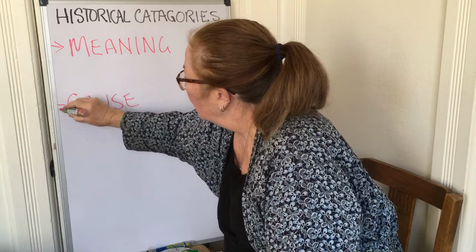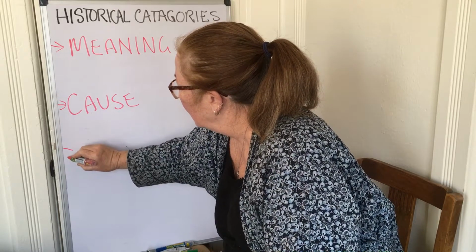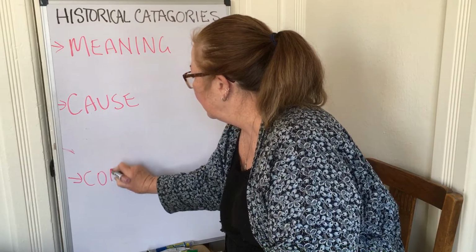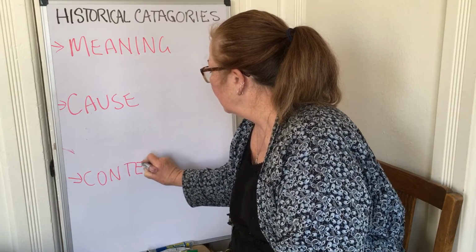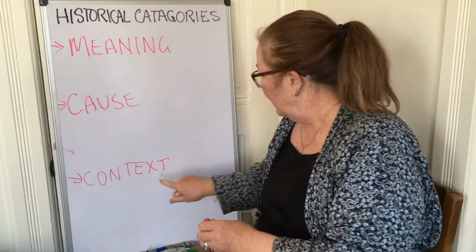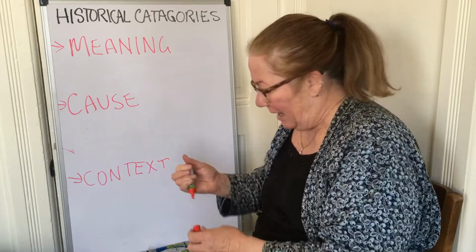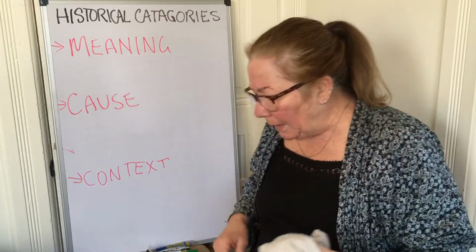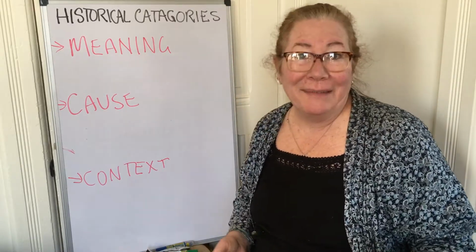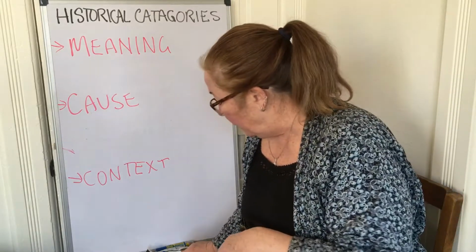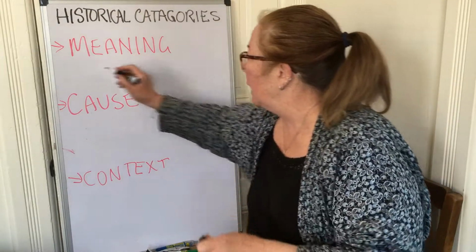Meaning, cause, and context. All right. Okay. So meaning, cause, and context. So the meaning of an artwork basically takes into account all of the above. So that was when we're looking at the meaning.